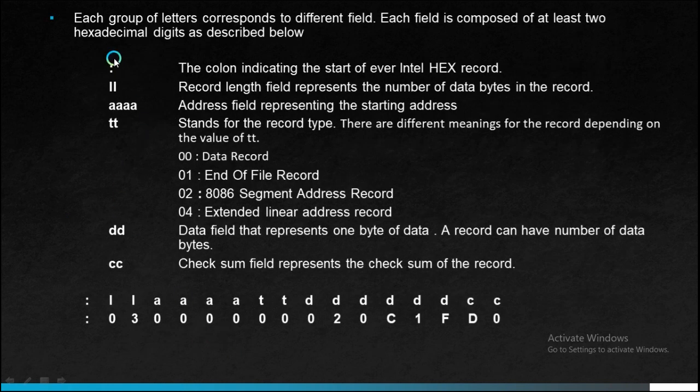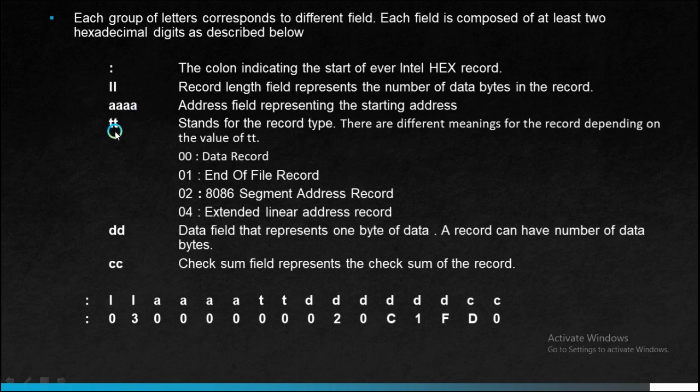Okay, so I will be discussing this format in the next slide. I have written it vertically with the description of each symbol. So here the colon indicates the start of every Intel hex record, and the double L describes the record length. This field represents the number of data bytes that are present in the record. And then AAAA represents the address field representing the starting address.